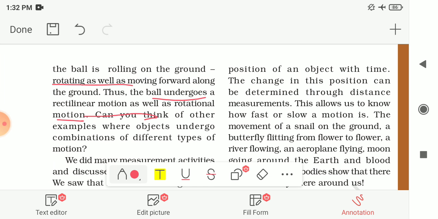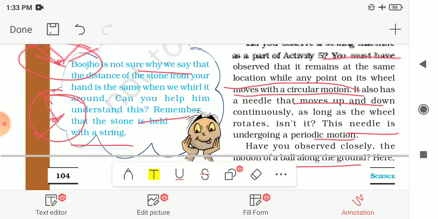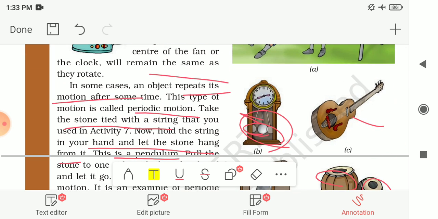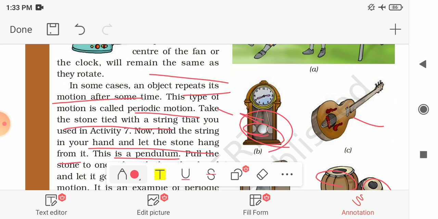Now can you think of other examples where objects undergo a combination of different types of motion? Yes, we have already seen the clock, this kind of clock having the pendulum.